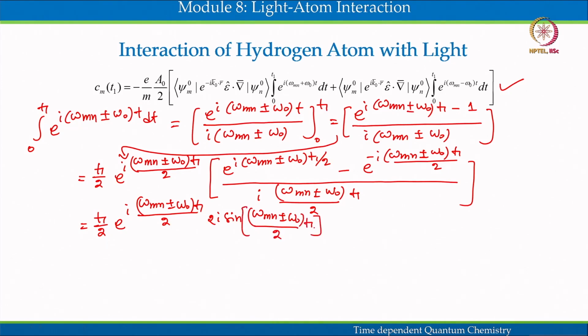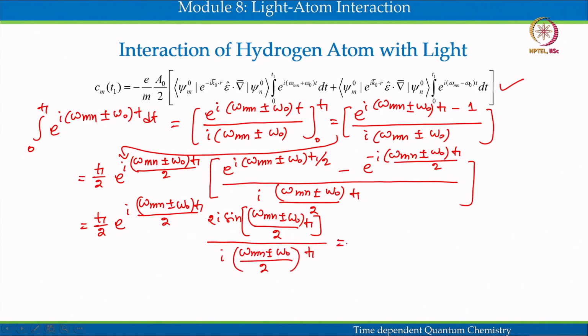This is the sine function. Then divided by i (omega mn plus minus omega naught) divided by 2 t1.